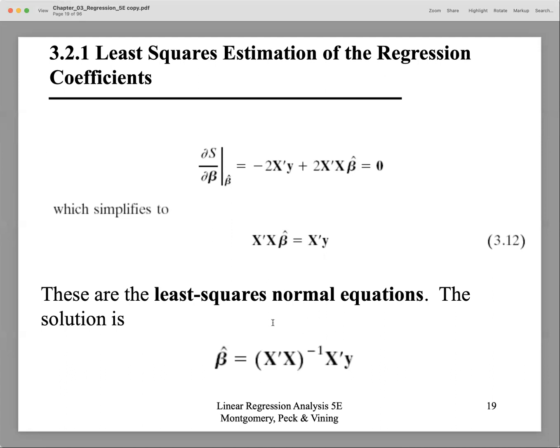If you just mentally substitute this expression on the right-hand side in for beta hat, you immediately see that the two sides would be equal, because x prime x times the inverse of x prime x would be the identity matrix, and then you would have remaining on the left-hand side x prime y, and x prime y is certainly equal to x prime y. So that is how we can get a really nice expression for the entire beta vector, or the estimator of the entire beta vector, beta hat, using matrix representations and matrix calculations.